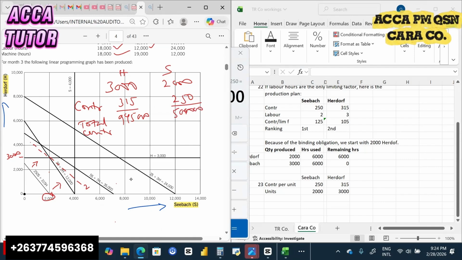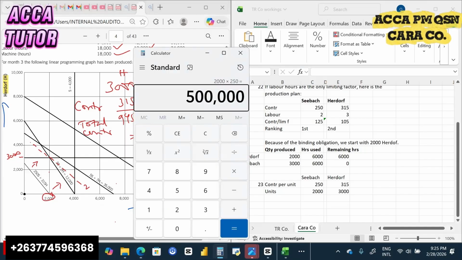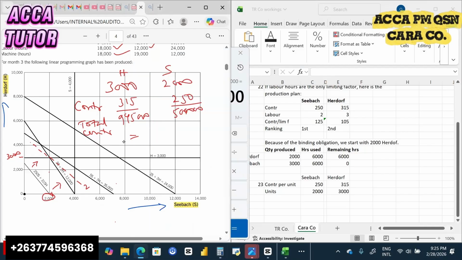So what is the total contribution? 500,000 plus 945,000, that's 1,445,000. 1,445,000 less fixed costs.